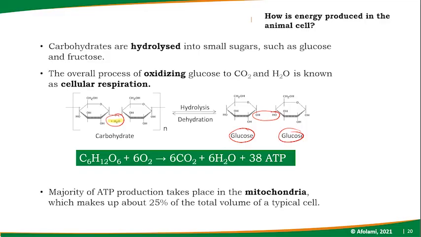So you remember the glycosidic bonds, the formation of glycosidic bonds. It happens through a process of dehydration, and of course the reverse reaction happens through the process of hydrolysis. So it's good to also know that majority of the ATP production takes place in the mitochondria, but energy can also be produced outside the mitochondria.